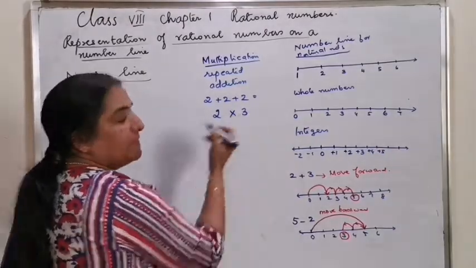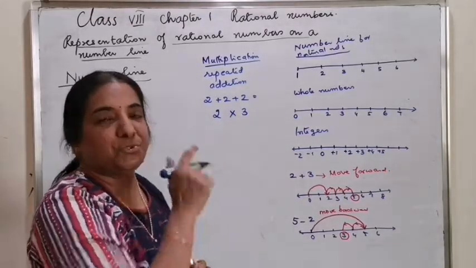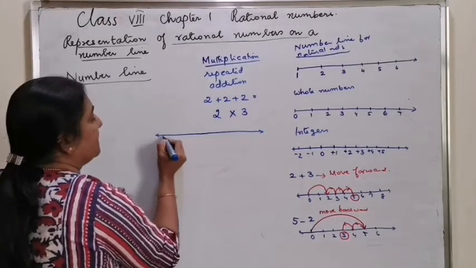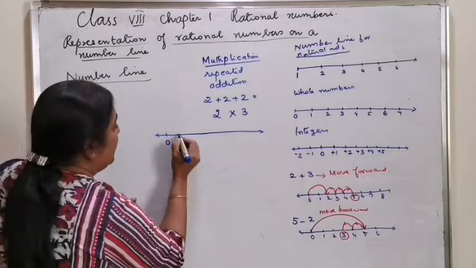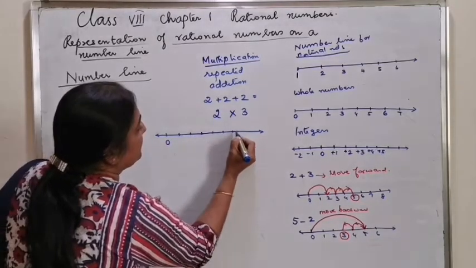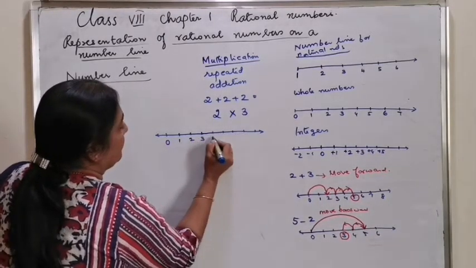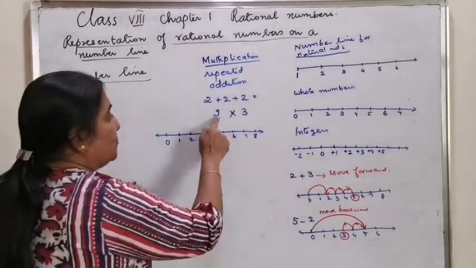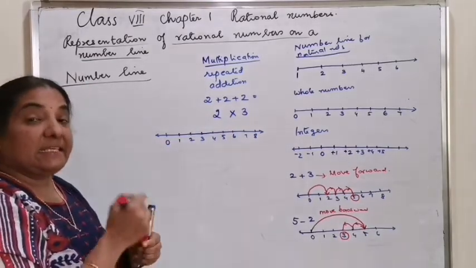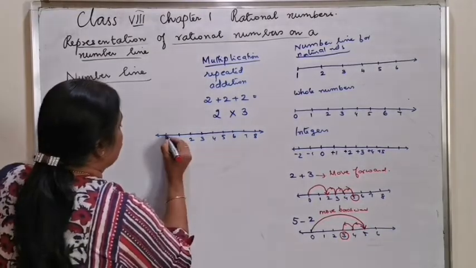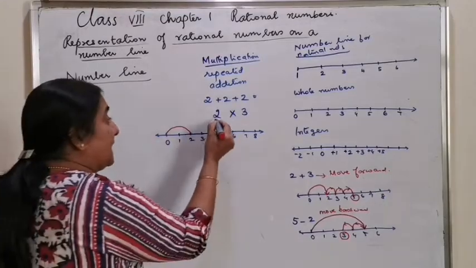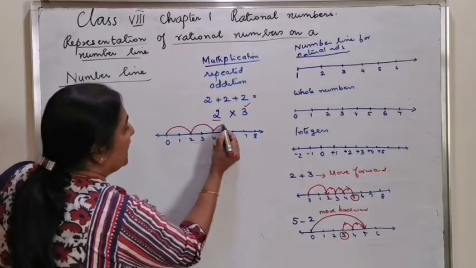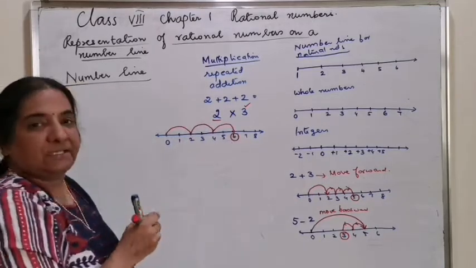Since it is commutative, that is 2 into 3 and 3 into 2 are equal, you can do either on the number line with equal distances 3, 4, 5, 6, 7, 8. 2 into 3 is the same as 2 units at a time, 3 times. That is 2, another 2, another 2. That will give you the answer.